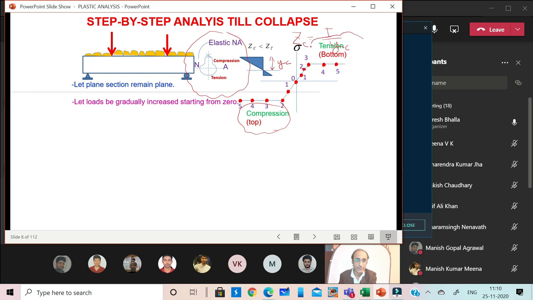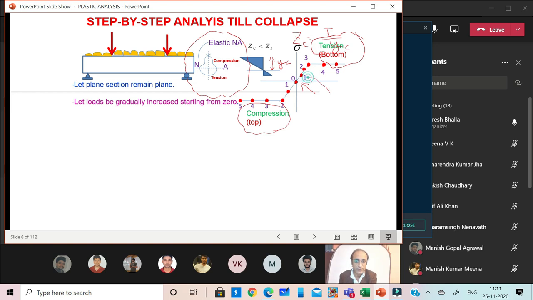You have to be familiarized with this: since we show tension as positive, the tension happening at the bottom face appears here at the top. And what are these points 1, 2, 3? These are the states. Before loading we were at state 0, with no stress anywhere. Then we started loading and increased the load such that we are at point number 1.